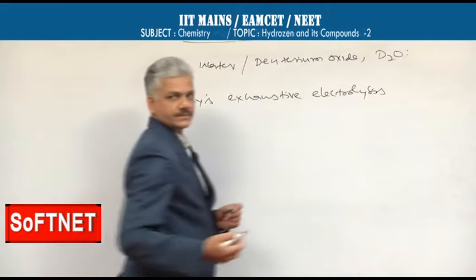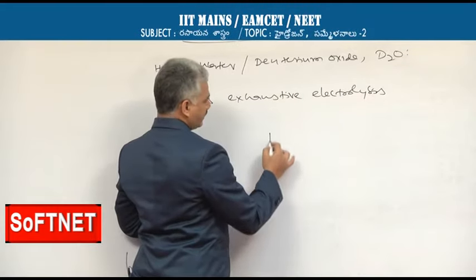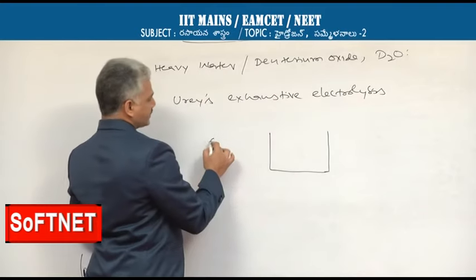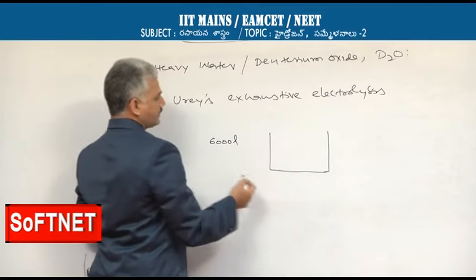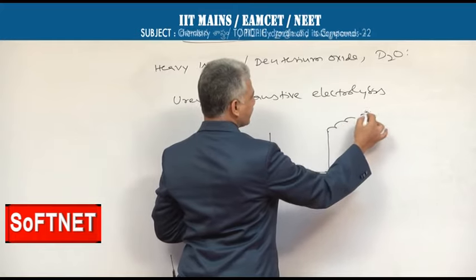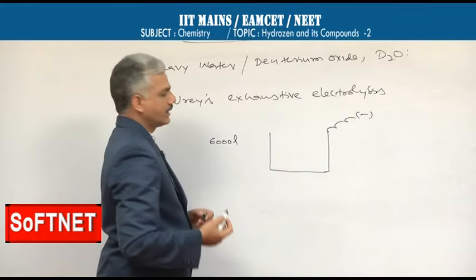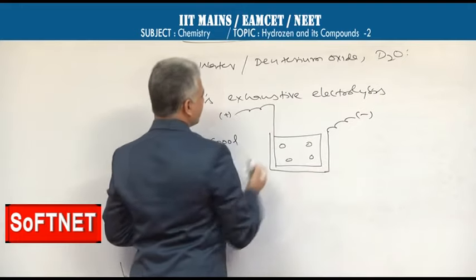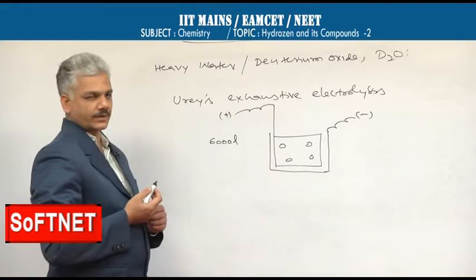electrolysis method. In this method, a large steel tank of capacity 6000 liters will be used as a cathode. A perforated nickel ladle is placed that acts as an anode.